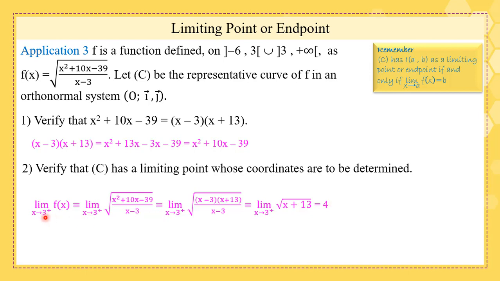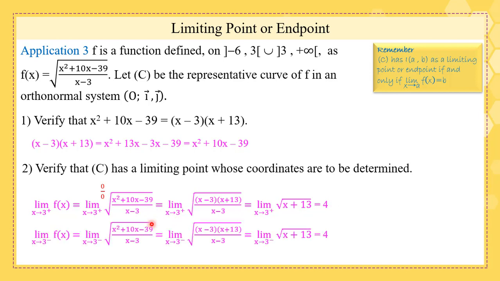So by now we know that the limit as x tends to 3 plus is 4. And similarly for the limit as x tends to 3 minus, and we can tell from here that the point E(3, 4) is a limiting point to C. Remember again, it's enough to find one of these two limits.